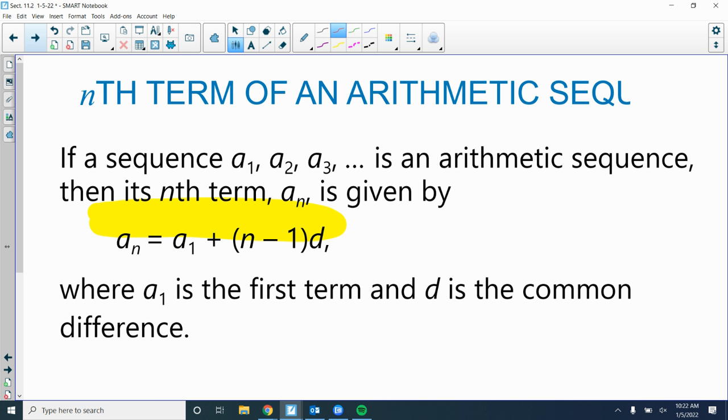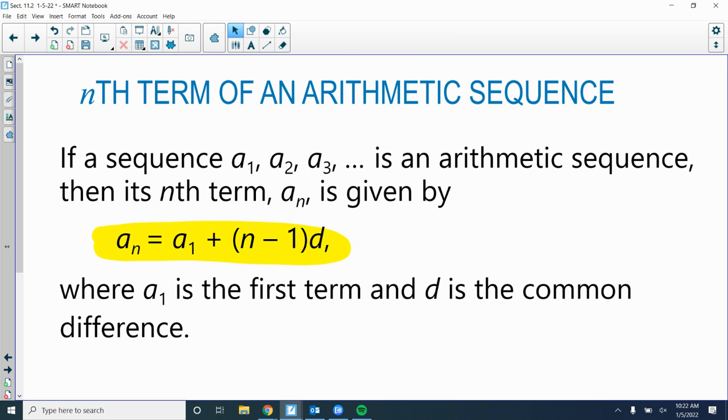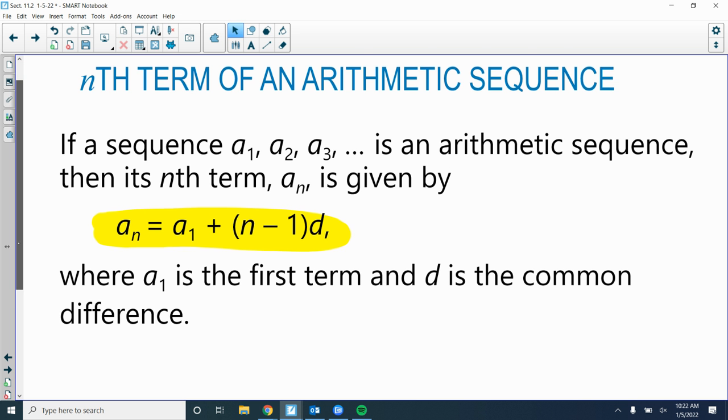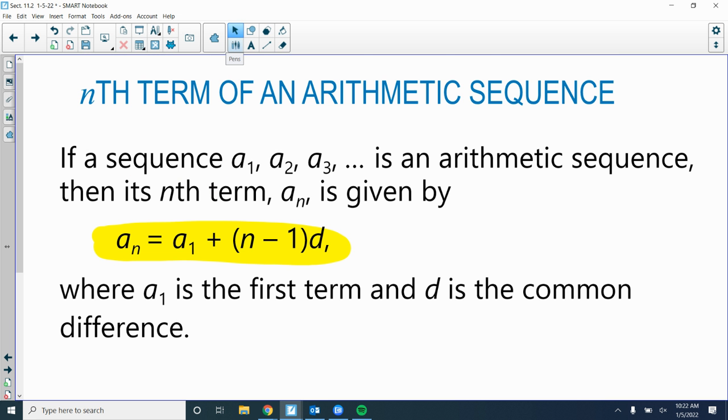All right, the nth term of an arithmetic sequence. Okay, the nth term. This is a very important formula that comes up in not just today, but in other scenarios.